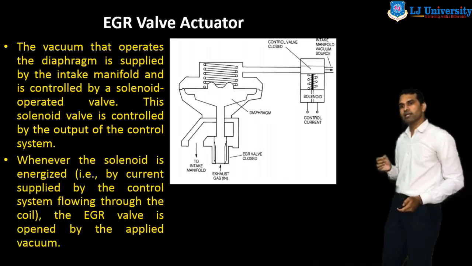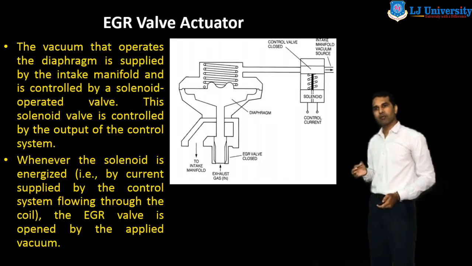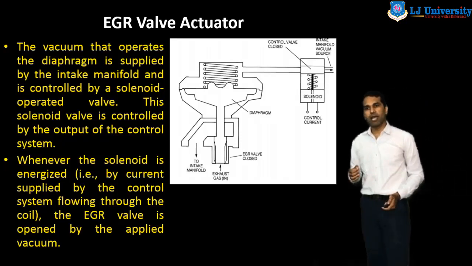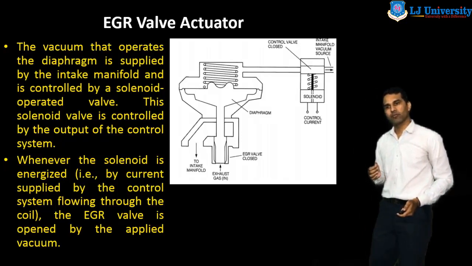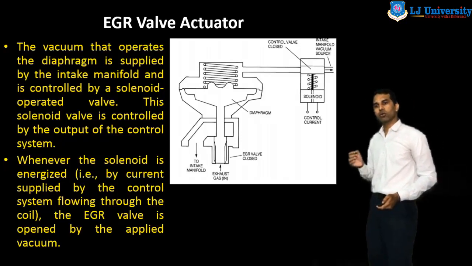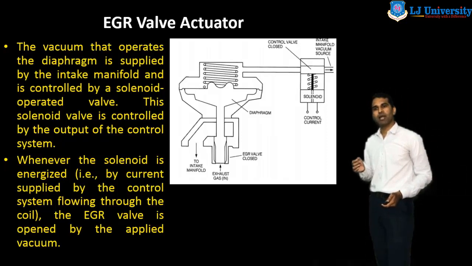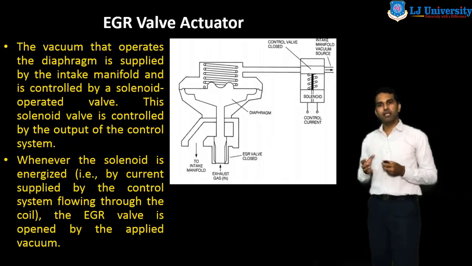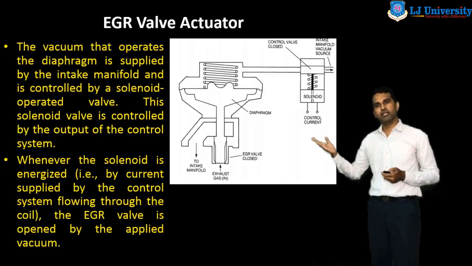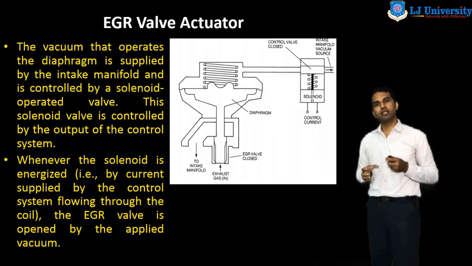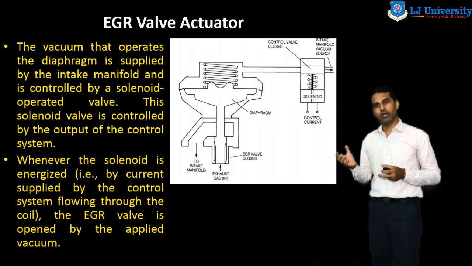Whenever the solenoid is energized, that means current supplied by the controller system flows through the coil, the EGR valve is opened by the applied vacuum. When the ECU sends the pulse of current to the EGR valve, that means voltage flows in the solenoid, then the valve is open.